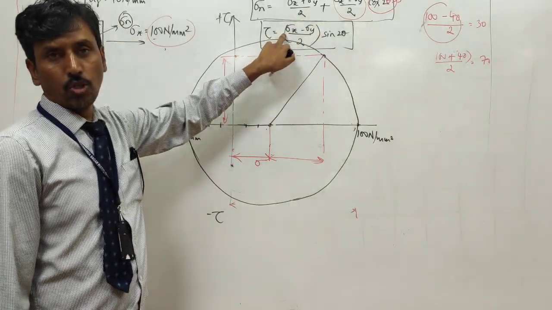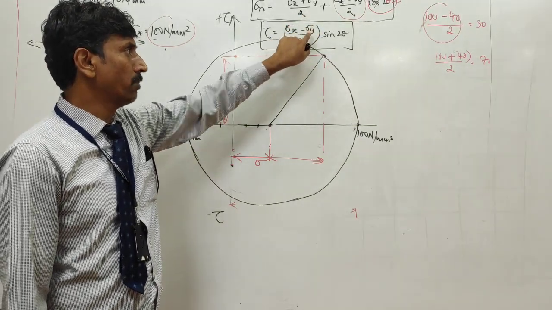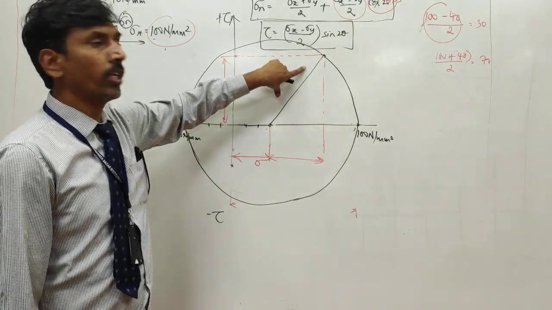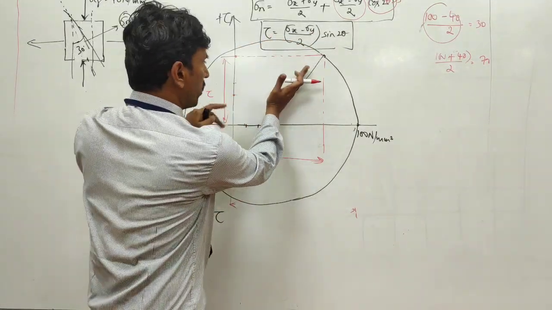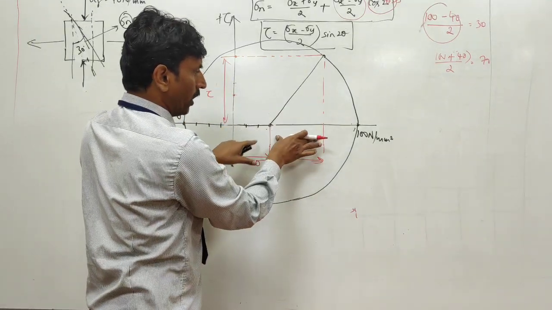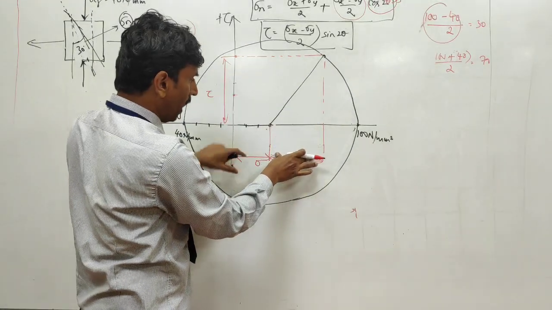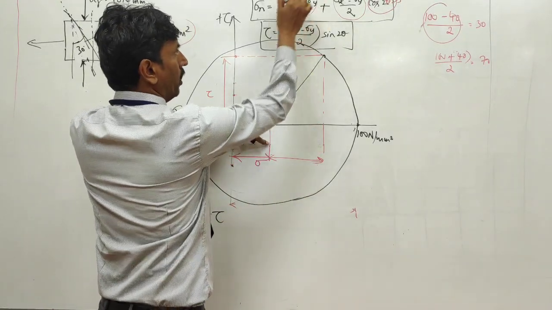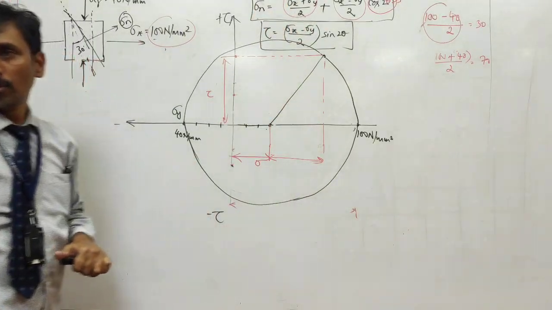And this equation also holds good because sigma x minus sigma y by 2 gives you the radius. Sine component of this radius will give you tau. Cos component of the radius will give you this part, which added to this part will give you normal stress.